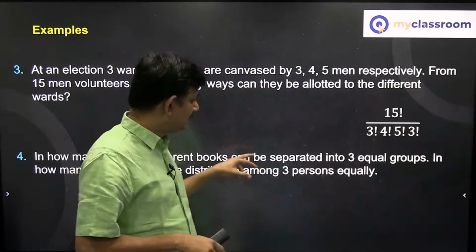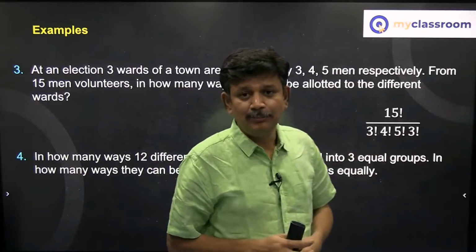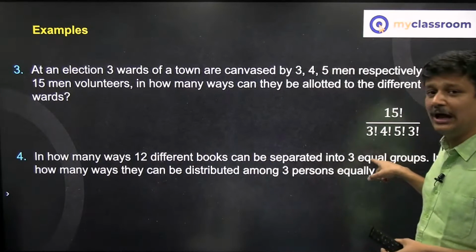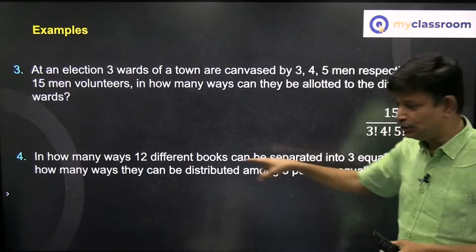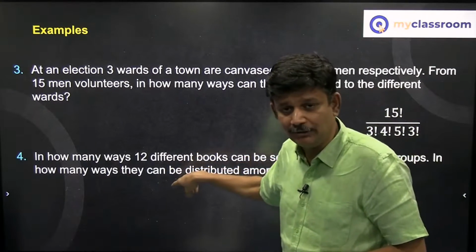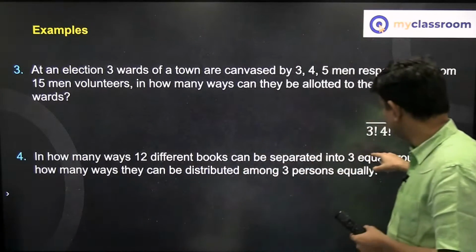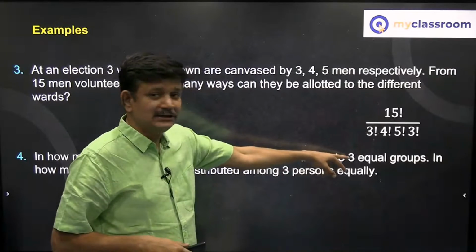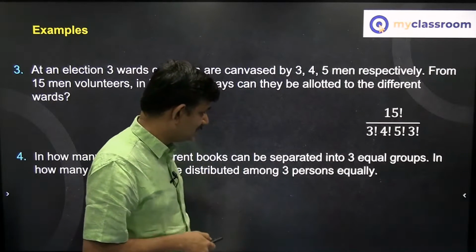So their treatment should be like identical boxes. So what will come here? Each group will have 4 books in it. 12 factorial by 4 factorial, 4 factorial, 4 factorial whole cube. And because the boxes are identical, or we are simply dividing into groups, another 3 factorial will be there additionally.